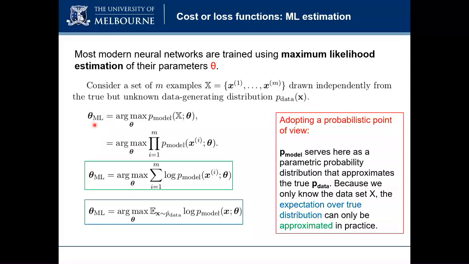So the goal is to find theta_ML, the maximum likelihood theta, by maximizing the joint probability of the model. This is equivalent to doing P(X given theta), as we were doing in the Bayesian version a few slides ago or a couple of weeks ago.